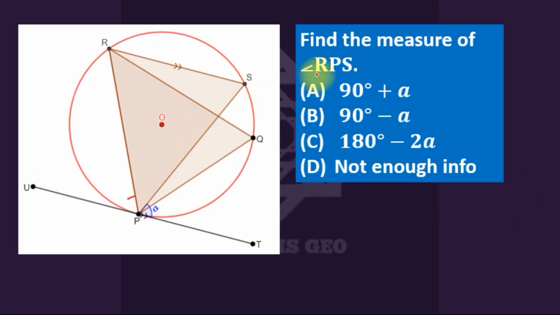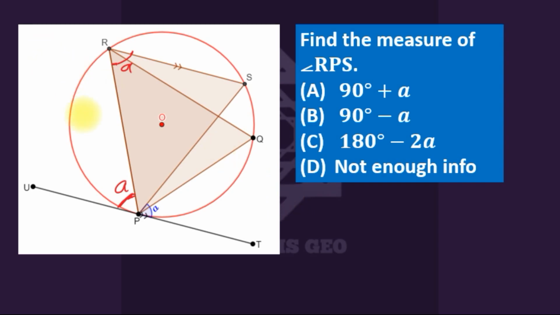So let's continue. We're asked to find angle RPS. Since this is A, I'm seeing a tangent line and I'm seeing an inscribed triangle. So this should be A also by the alternate segment theorem. And I'm also seeing two parallel lines, ROX and UT, so this should be A by the alternate angle theorem.